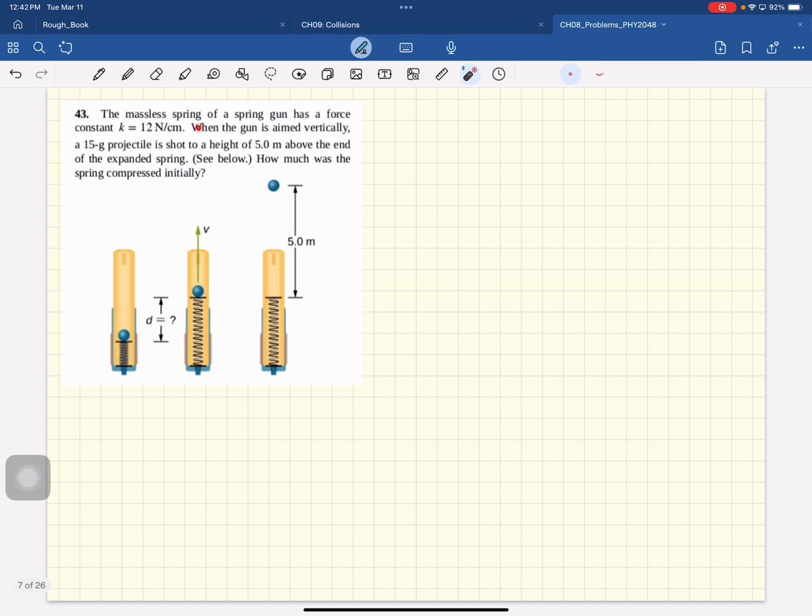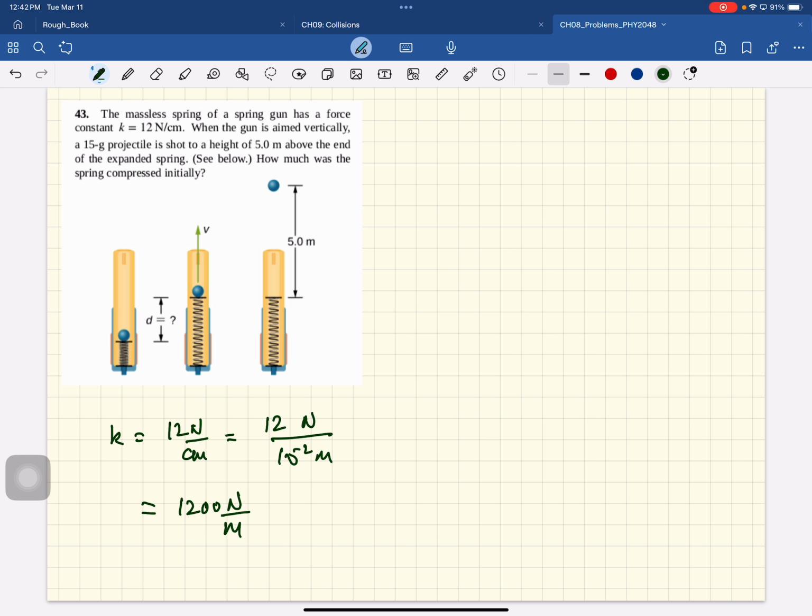So the massless spring of a spring gun has a force constant of 12 Newton per centimeter. So K is 12 Newton per centimeter. We want to convert that to SI units, 12 Newton per 10 to the minus 2 meters, equal to 1200 Newton per meter.